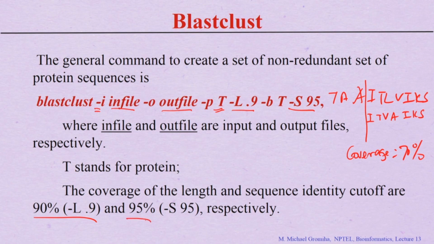So, here you can restrict with the sequence identity plus the coverage. What is the advantage of using coverage? For example, if you have one protein of 100 residues and another protein of 200 residues, and only 10 residues are aligned and those 10 residues are the same.